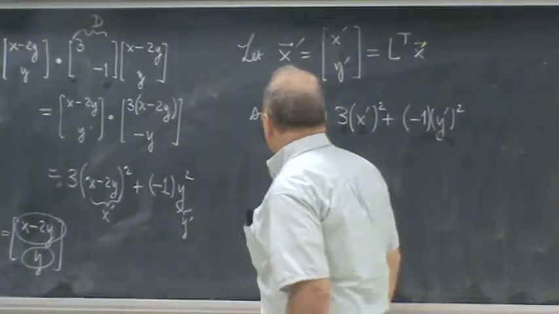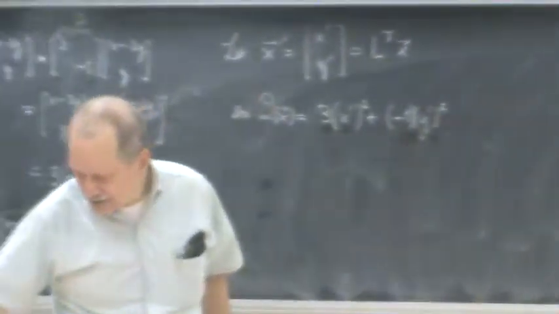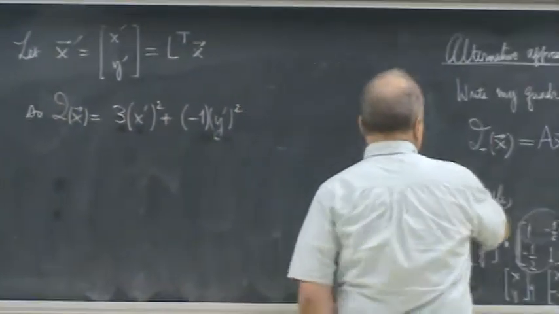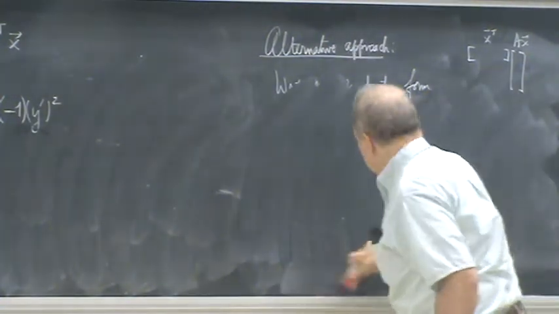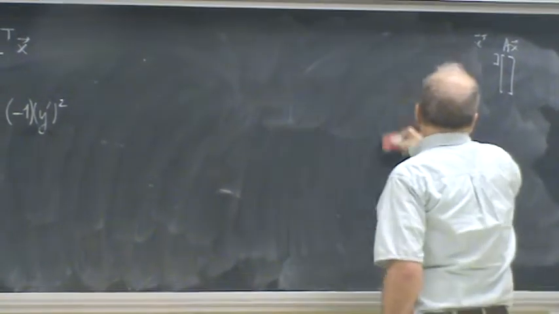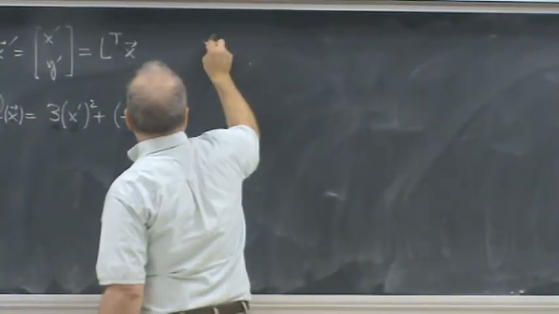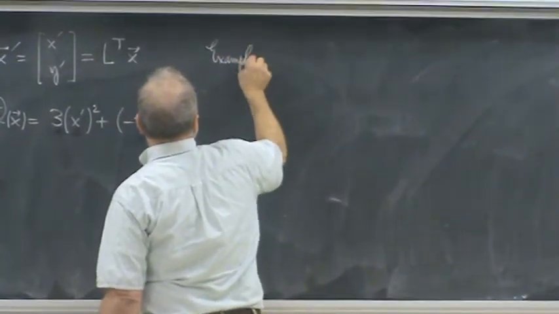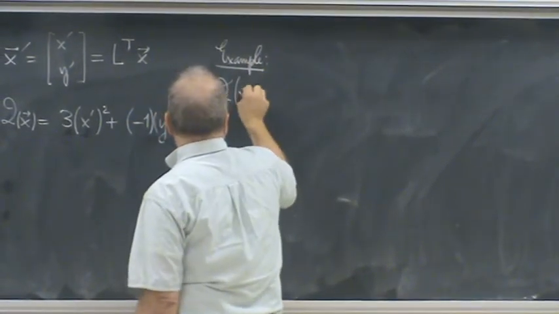All right, let's try to do this. I'll give you one to work on for a second, or coach me through it. Suppose I gave you now in 3 variables.